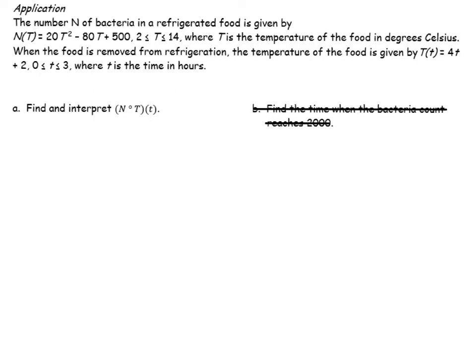The first function takes little t, which is time, okay? And it gives a model in which we would go from time to temperature, okay? We take the food out of the refrigerator and it tells us for the first 3 hours, right?